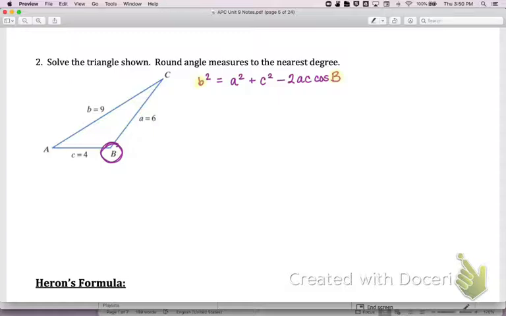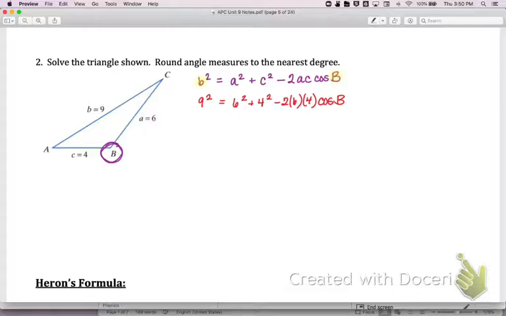Okay, so let's plug in what we know. We know that B is 9, so 9 squared equals A squared, so that's 6 squared, plus C squared, that's 4 squared, minus 2 times 6 times 4, cosine of B, which is unknown, okay?